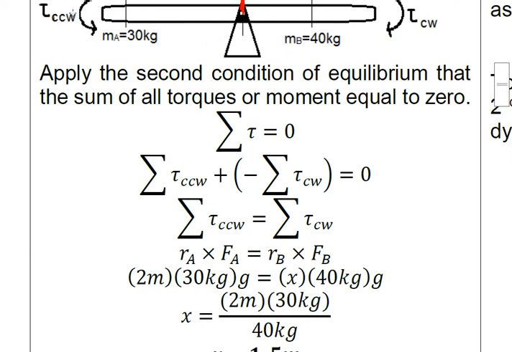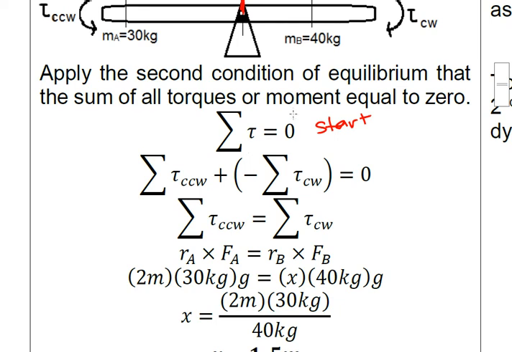The 30 kilogram will cause counterclockwise rotation, so it has the counterclockwise torque, and the 40 kilogram person will cause a clockwise rotation, thus it will have a clockwise torque. So you should always start here. This is the condition. Okay, so summation of torque is equal to 0.